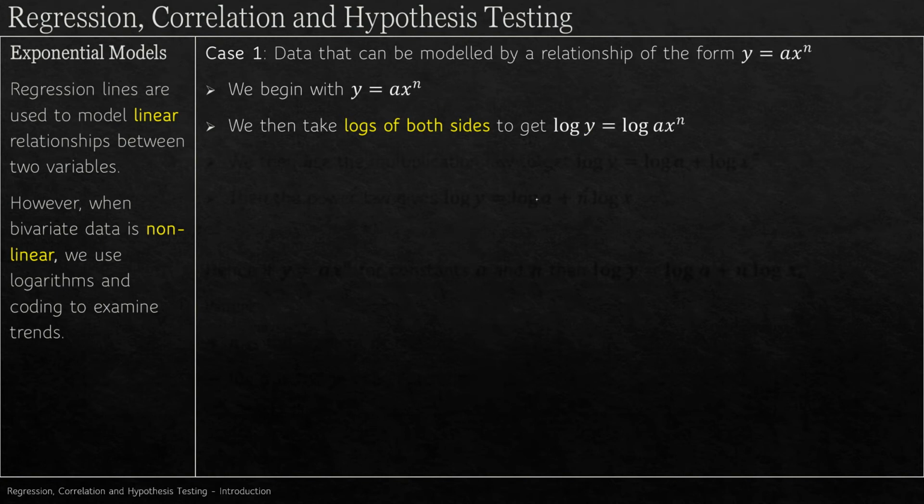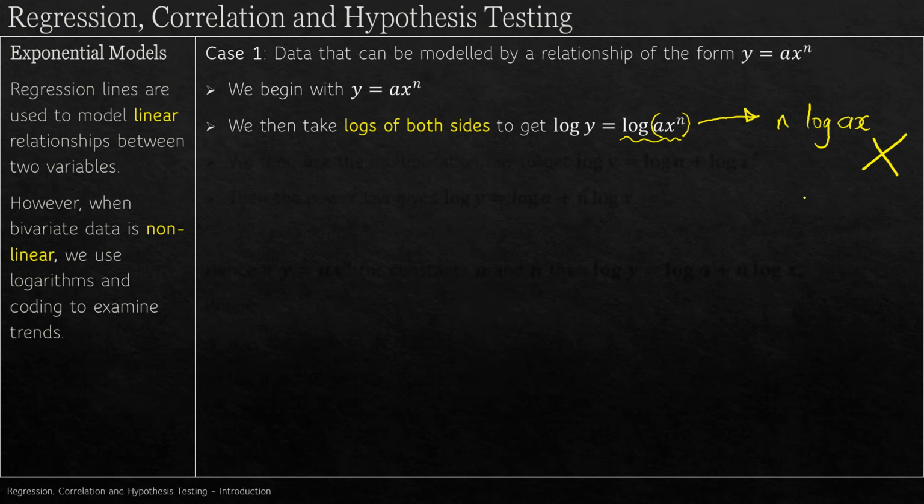Before I go into the next line, don't make the common mistake here of thinking that log of a times x to the power n becomes n log ax. It doesn't. This is wrong. Here, the whole of ax to the power n is being logged, not just the ax.